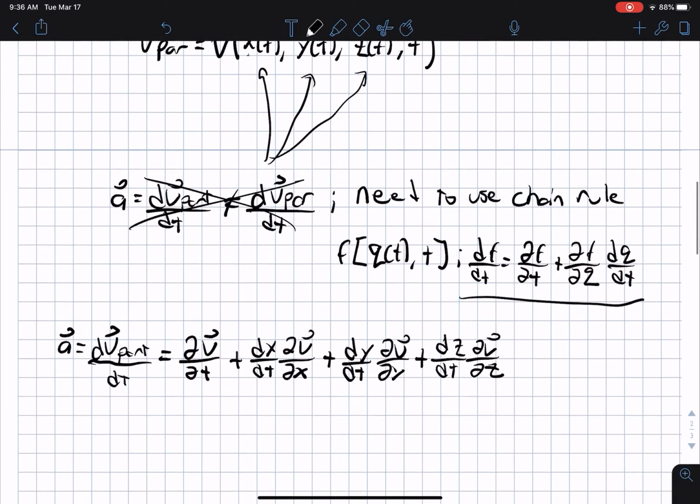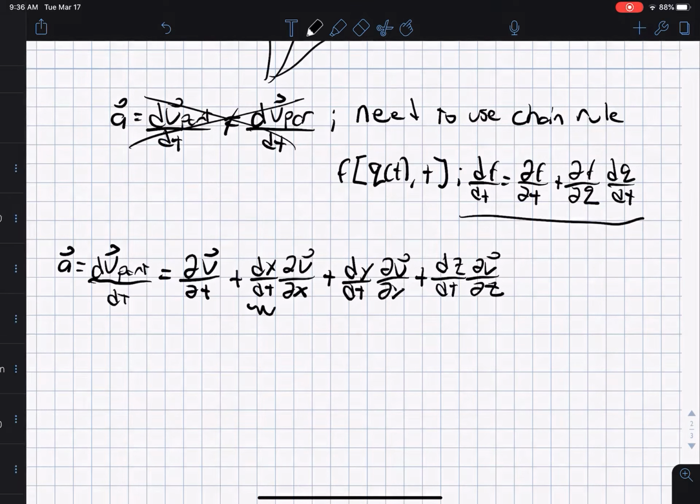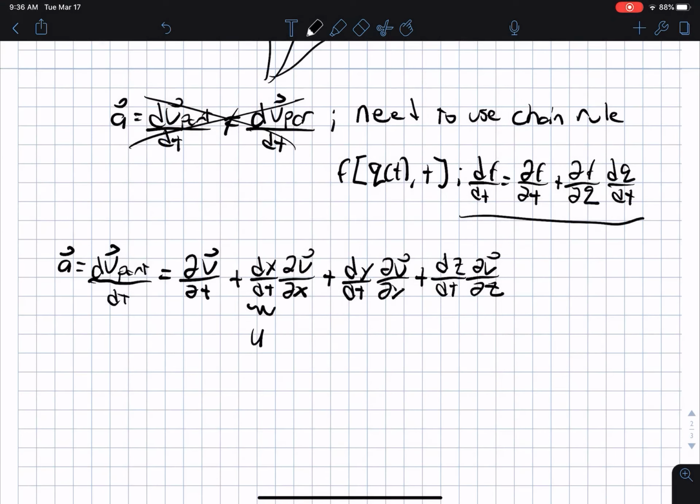Okay. And so this looks like we've expanded it into a bit of a mess, but notice that dx dt by definition is just the x component of the fluid velocity. dy dt by definition is the y component of the fluid velocity, and dz dt by definition is just the z component of the fluid velocity.